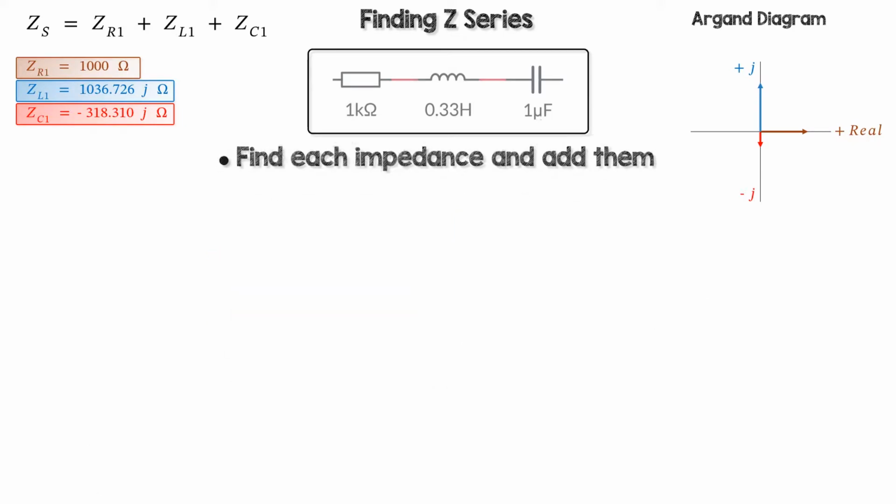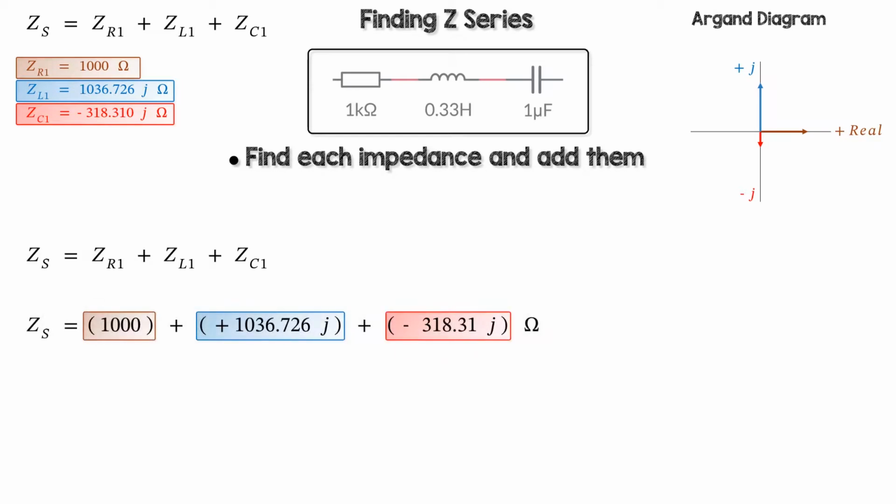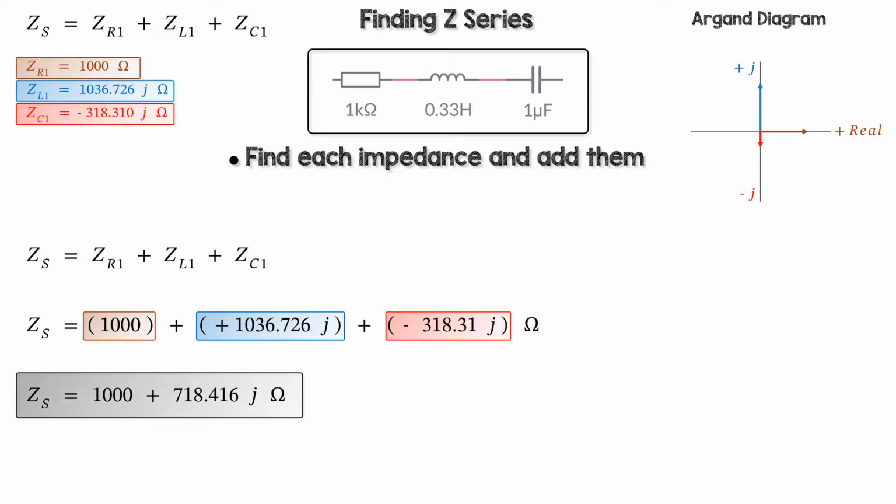All we do now is add the imaginary parts, and then we add the real parts together. And this gives us Z series in rectangular form, which we can convert to polar form quite easily.